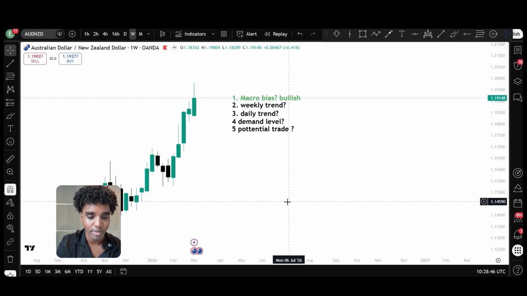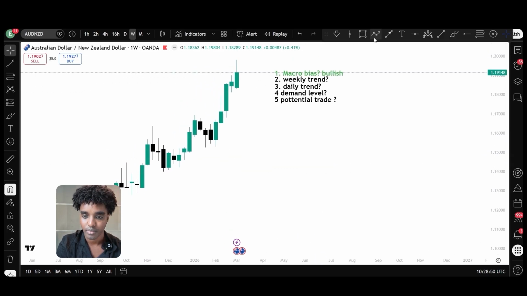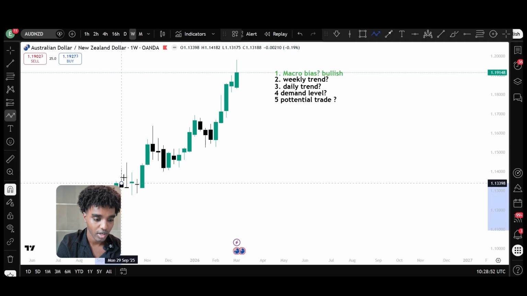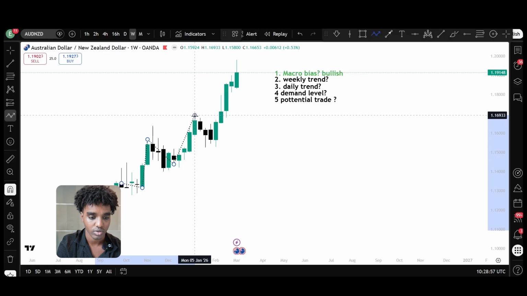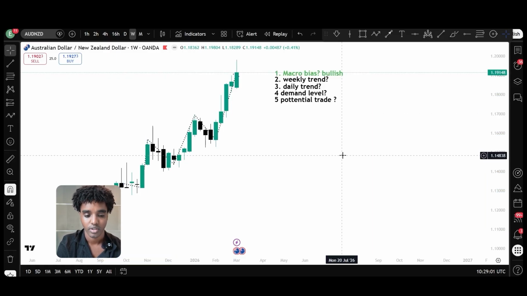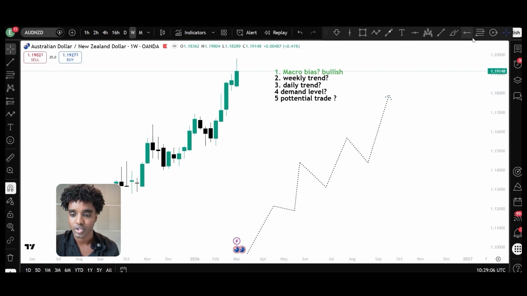So it's clearly making higher high structures. It's making higher highs, higher lows, higher highs, higher lows, higher highs, higher lows, higher highs. So this market is clearly a bullish market, making higher highs.